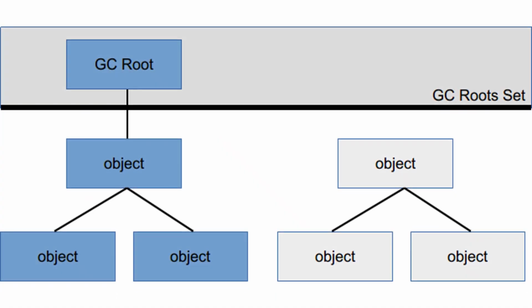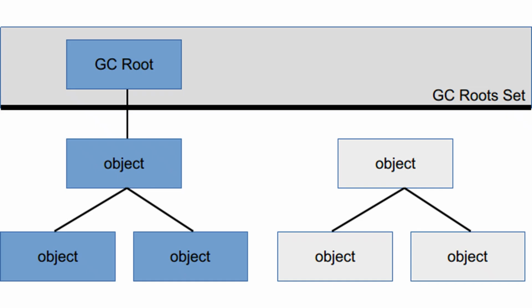This diagram shows a GC root set at the top, from which object references originate. Objects that are reachable from GC roots, directly or indirectly, are marked in blue. These are considered alive and are not eligible for garbage collection.